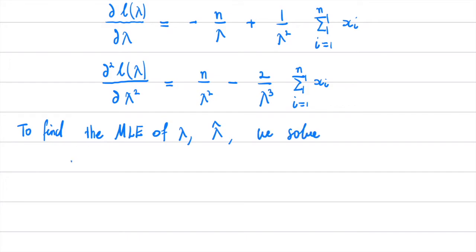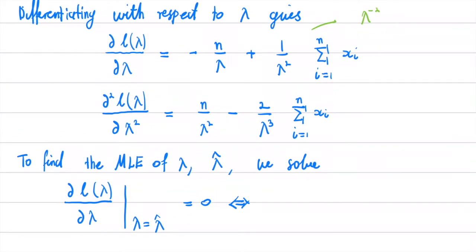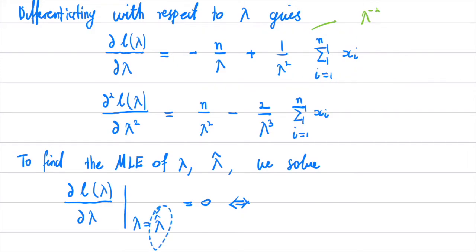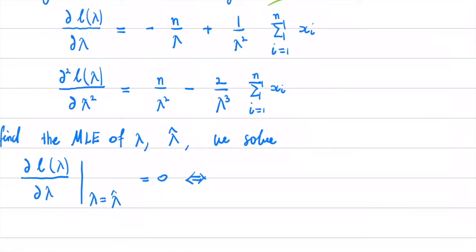We solve dl, or the first derivative with respect to lambda, evaluated at the MLE is equal to 0. So now what we have to do is take this expression for the MLE up here and substitute in lambda hat and then solve that equaling 0.